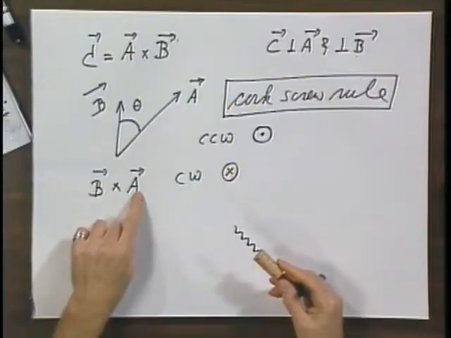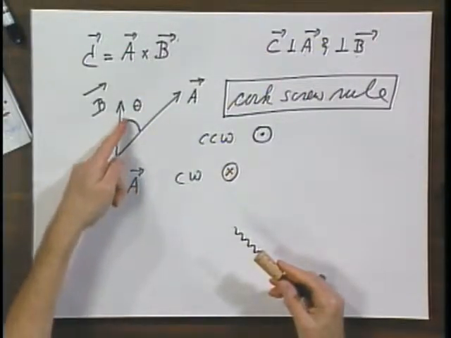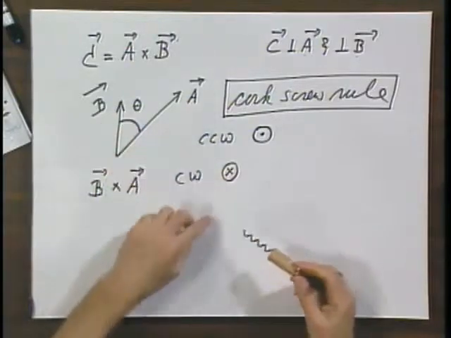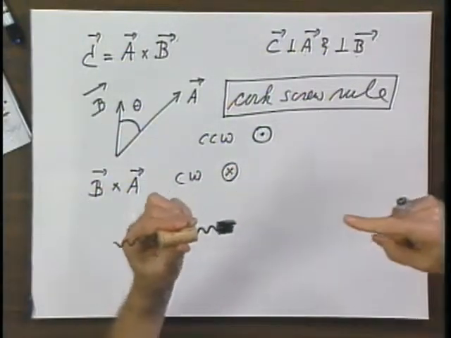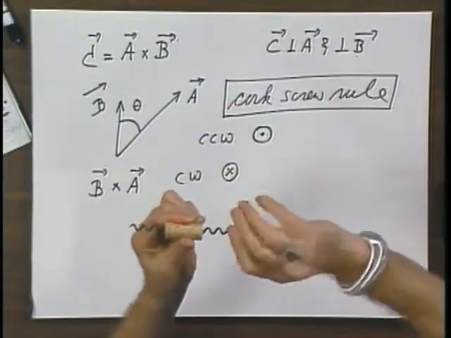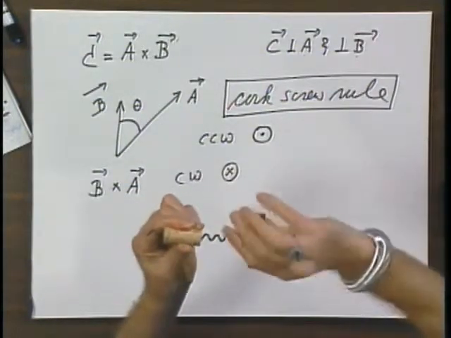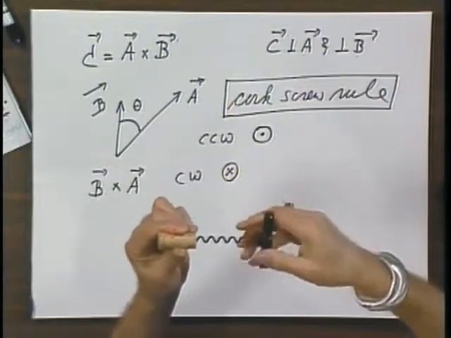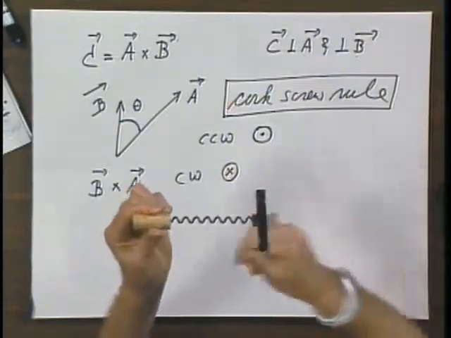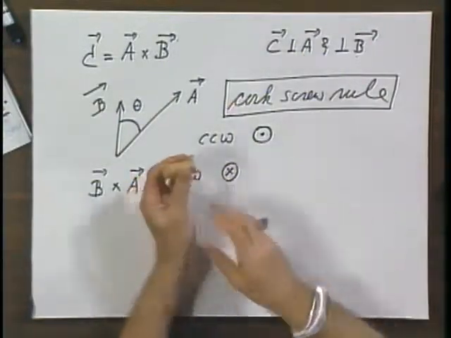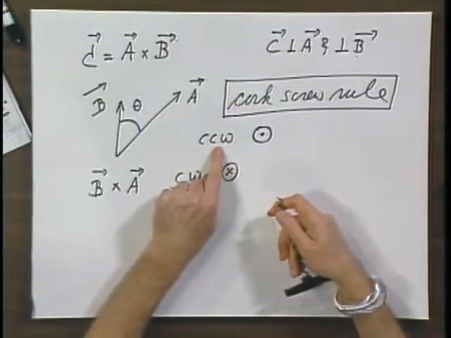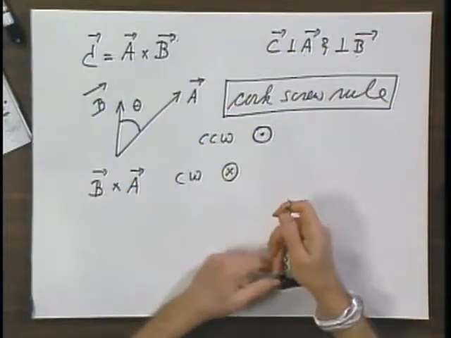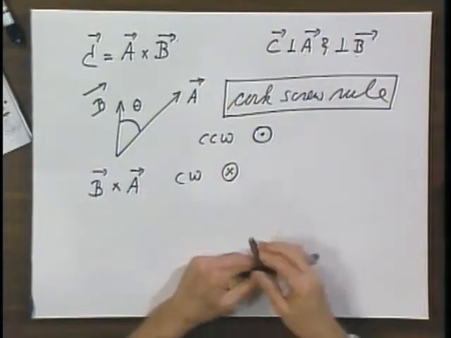Notice, when I go from B to A, I rotate my corkscrew clockwise, and the corkscrew goes in. Now, looking from this direction, I go counterclockwise. And what happens? The corkscrew comes out again. So here I go from A to B, counterclockwise, and so the corkscrew comes towards me.